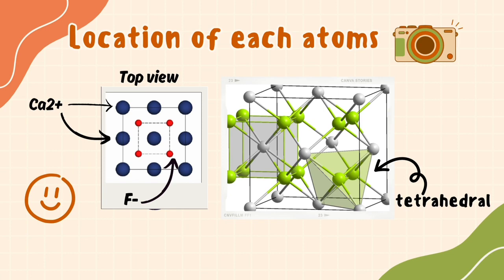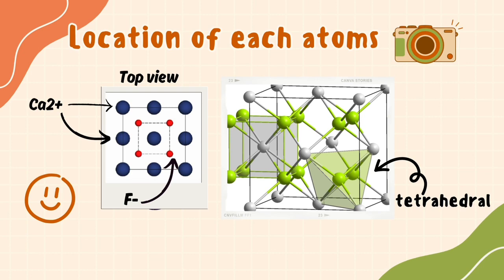Let's look at the second picture. The fluorite structure can be regarded as Ca2+ cations forming a cubic close-packed structure, while the F- anions occupy all the tetrahedral holes. The green dots in the second picture represent the fluoride ions, while the grey dots represent the calcium ions.